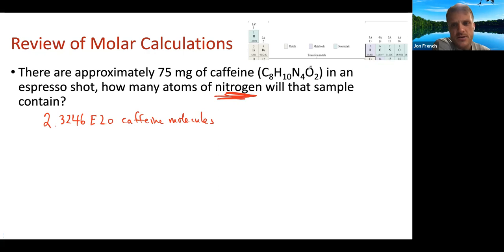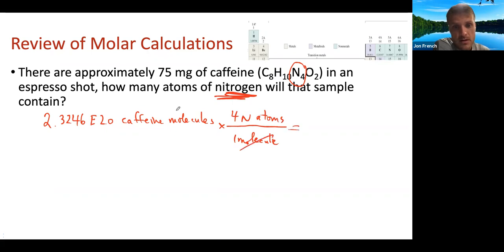And this was kind of a challenging step for some students, but what we want to see is that for every 1 molecule of caffeine, I'm going to have 4 nitrogen atoms.